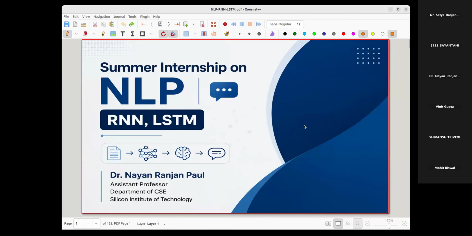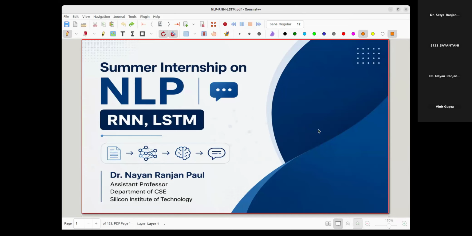Yes, yes. Okay. So welcome back. Today what we are going to discuss is RNN and LSTM. Till now we have discussed how to process text using a neural network, and we have also seen how to represent the text for creating a vector using Word2Vec models.